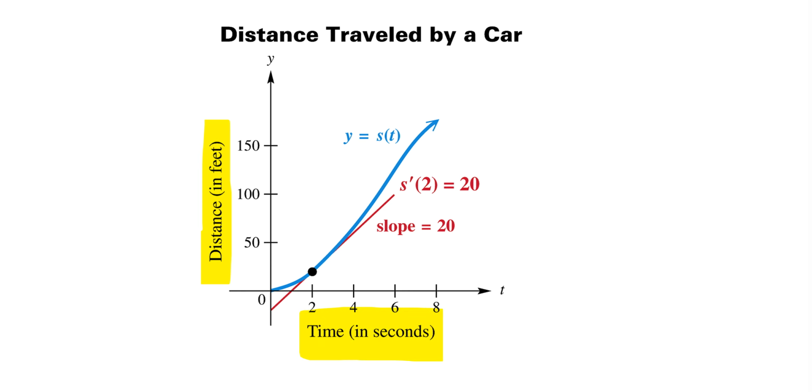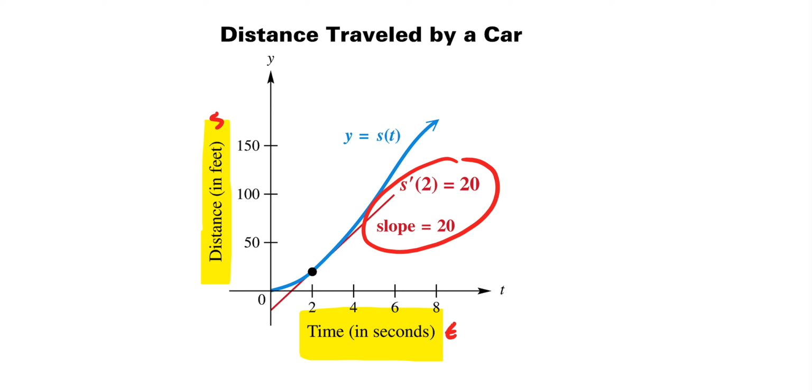So this was just based on the variables. This is t, and then this is s for feet up here. If we calculated the slope, and we found that s prime of 2 equals 20, the slope of that tangent line is 20 at t equals 2.